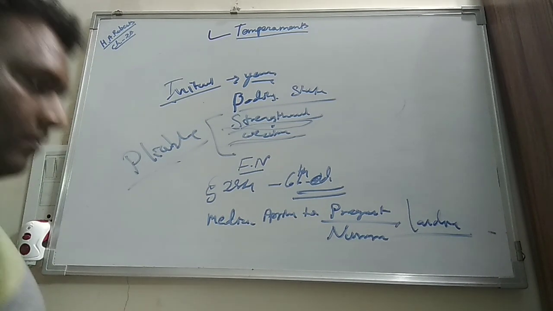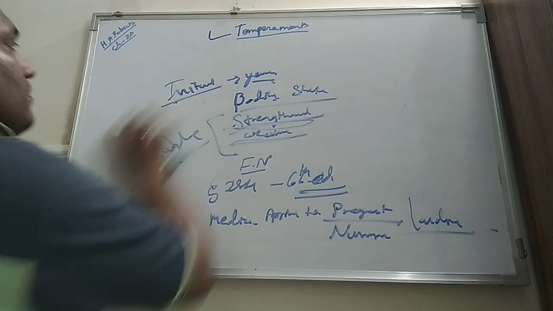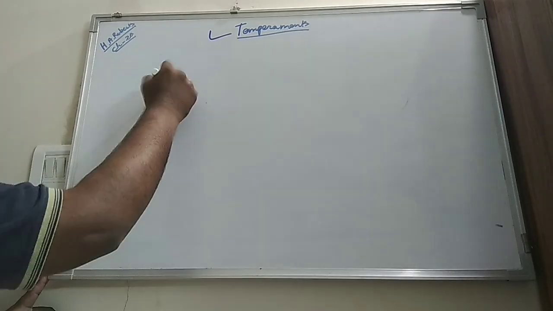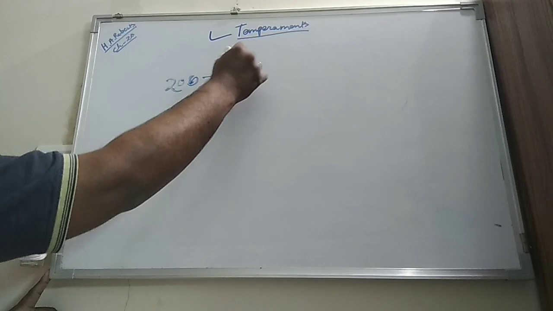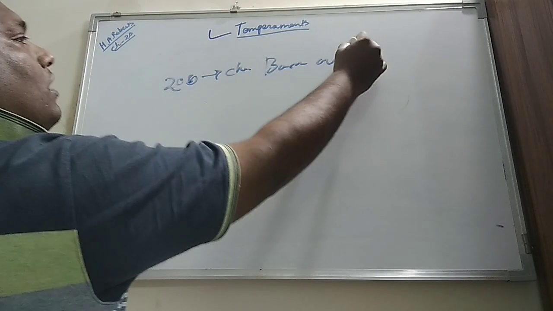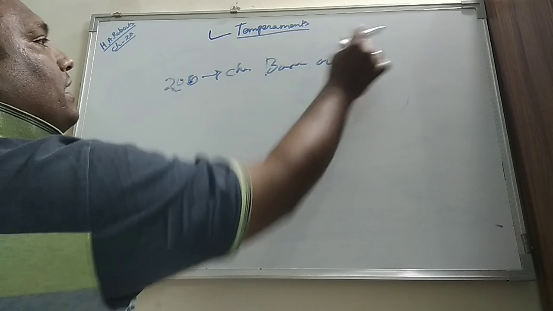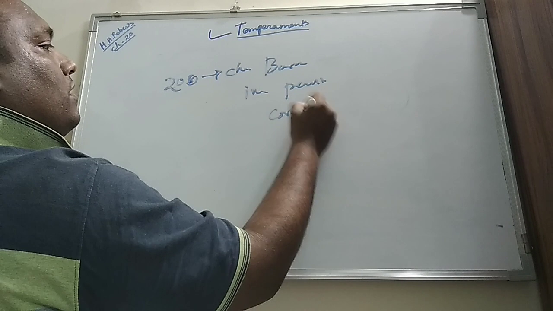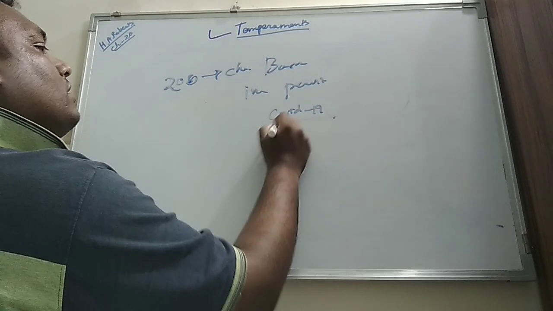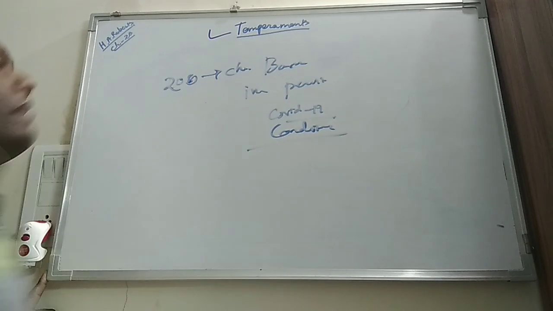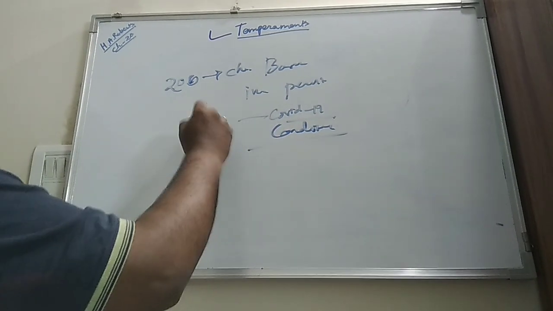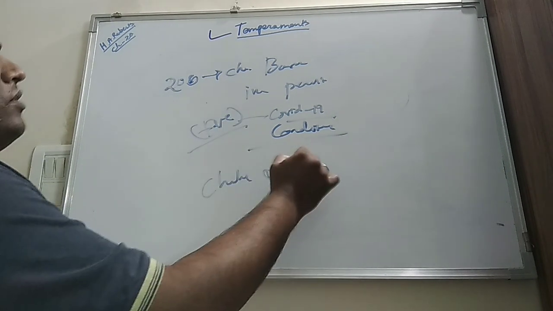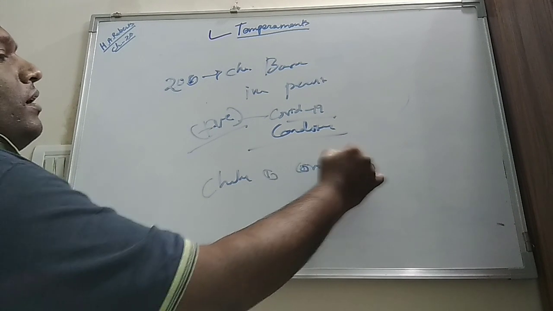Now, in this case, we have seen, as in presently given circumstances and conditions, there are about to be 200 children born in present COVID-19 conditions, where the mother has COVID-19 positive but the child is corona negative.